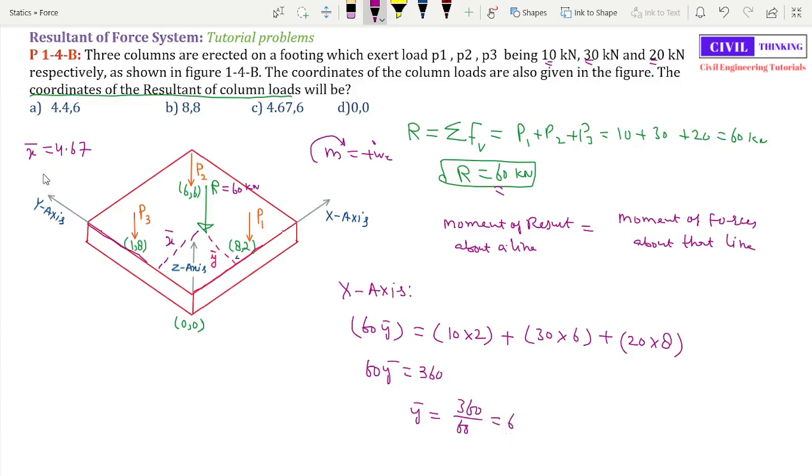So y bar is 6. So x bar, y bar is 4.67 comma 6, right? Which one is the correct option? It's very clear, option C is the correct option.